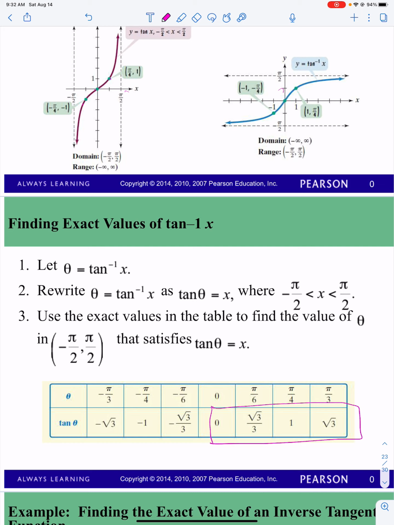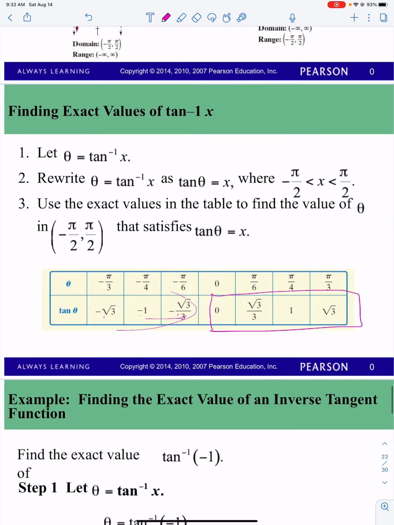But the most important thing for tangent is that it is symmetric about the origin, so you can find the negative value very easily.